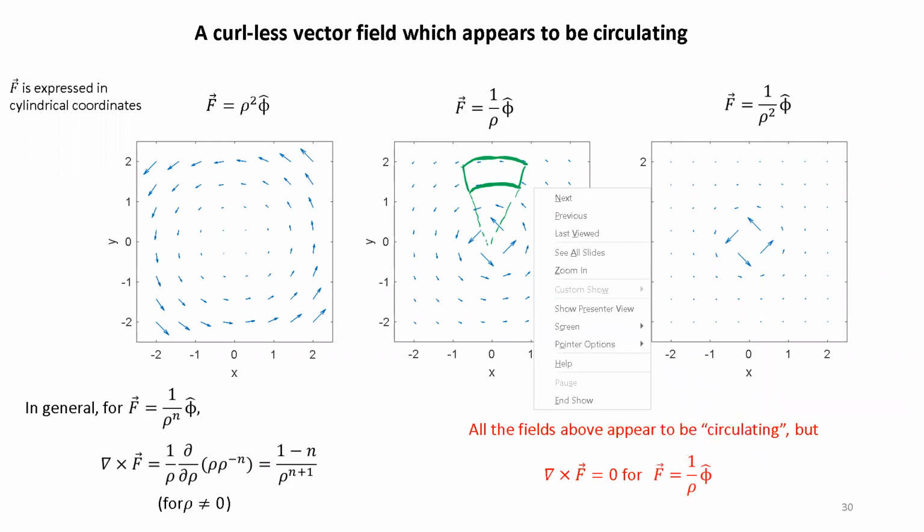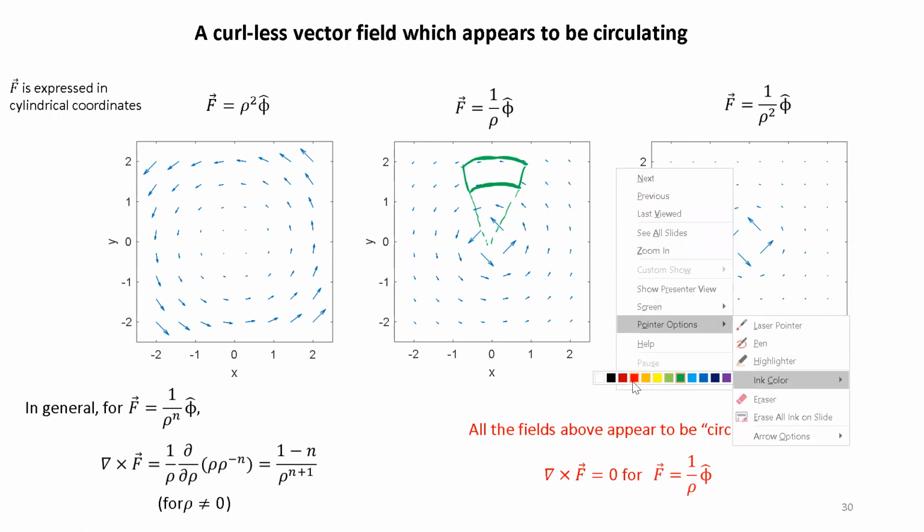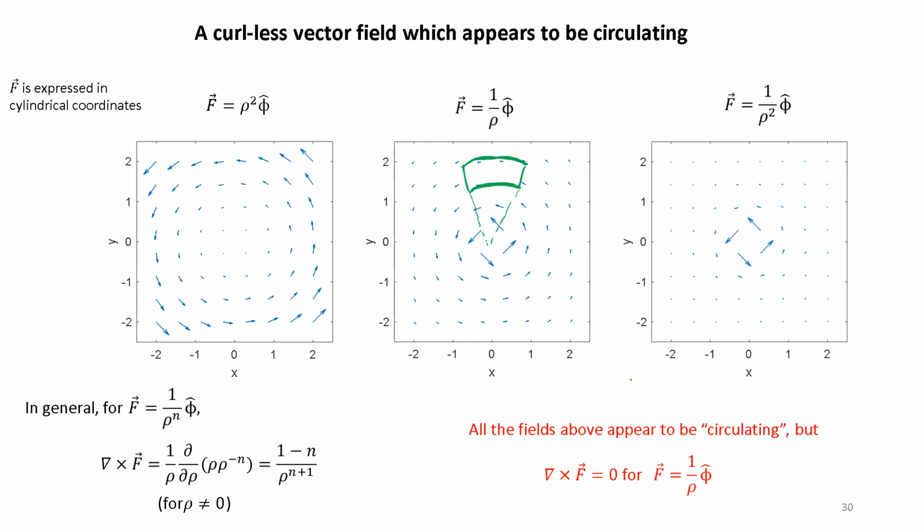Over this loop here, because of the fact that the field always goes along these two lines, when we talk about the line integral over this loop, I only need to worry about this part and this part.